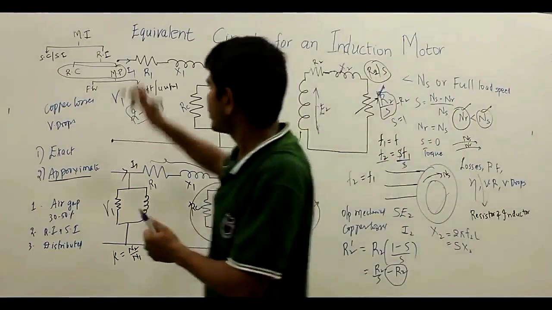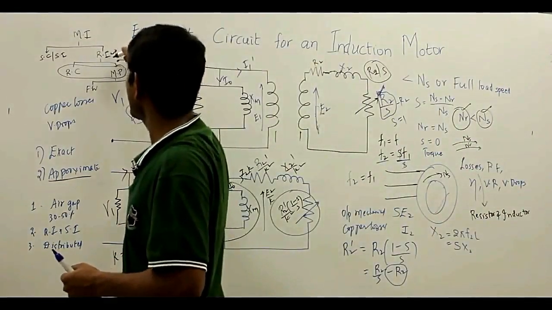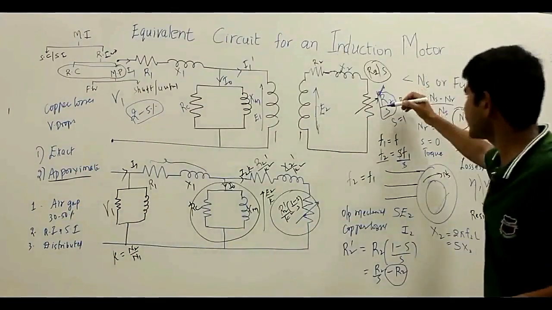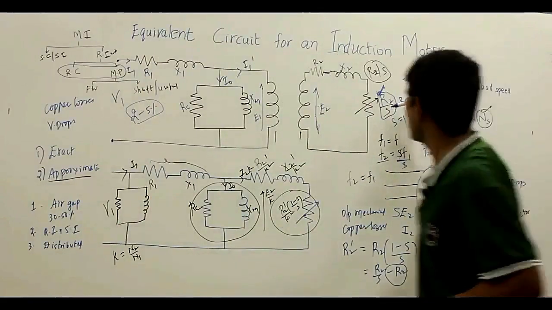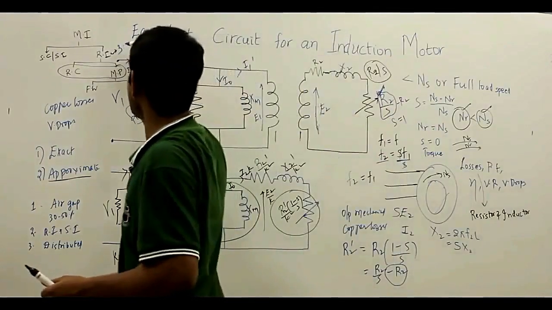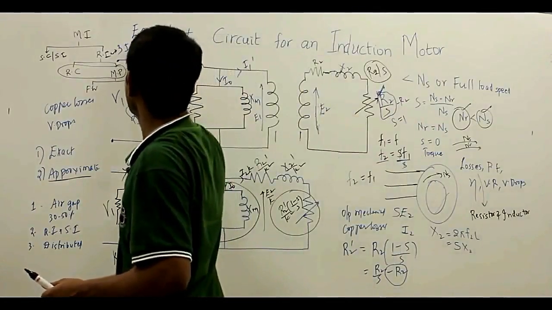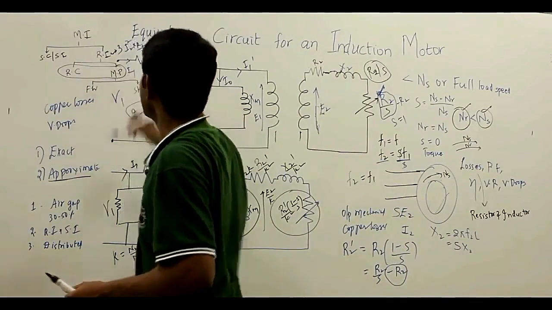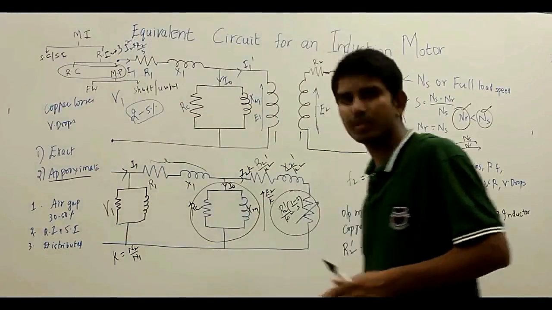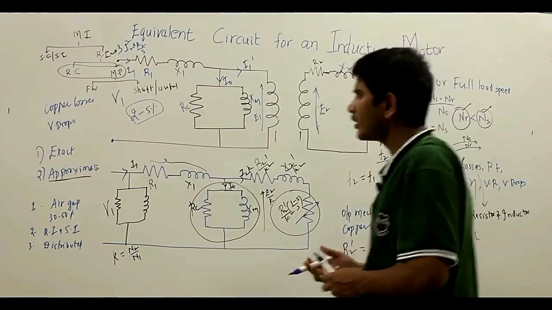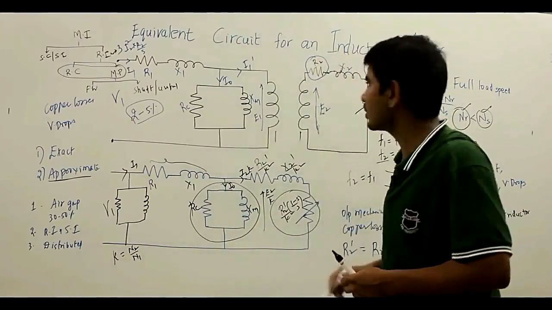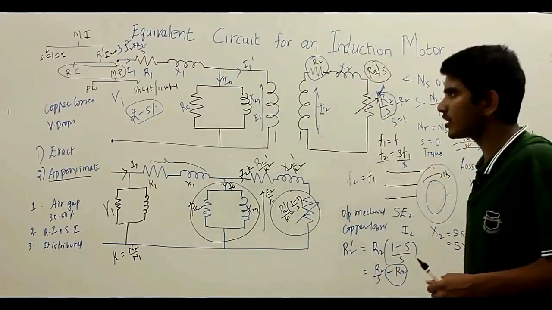Now your rotor input, or the power generated, is the power dissipated in the resistance R2 upon S, that is 3 I2 square into R2 upon S. This is the power generated, the rotor input. The power dissipated in the resistance R2 is nothing but your rotor copper losses.